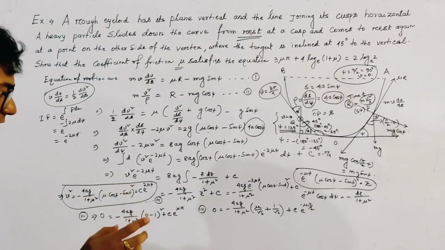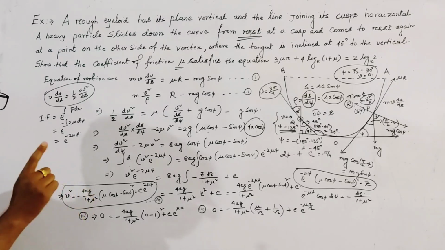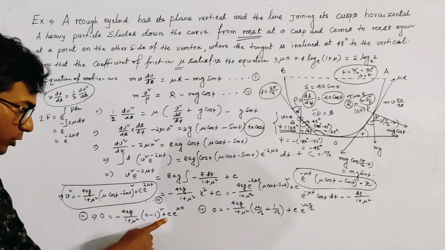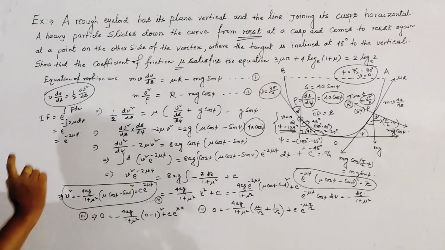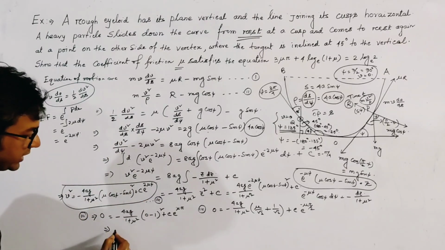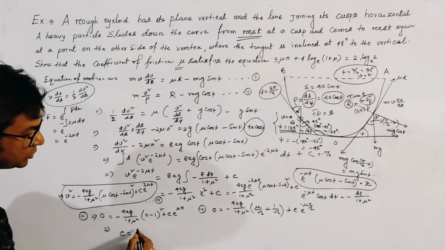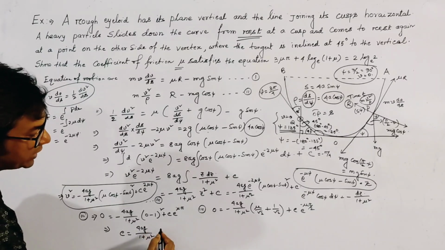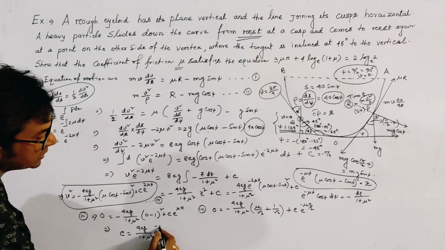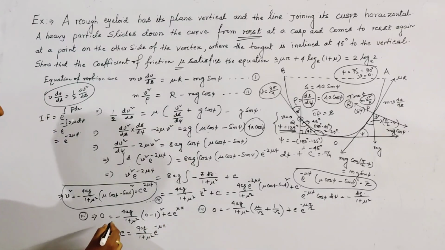Now first we calculate the value of the integrating constant c from the first relation, that is we get from 3. So we get here c equal to 4ag by 1 plus mu square into e to the power minus mu pi. This is the first relation of c.